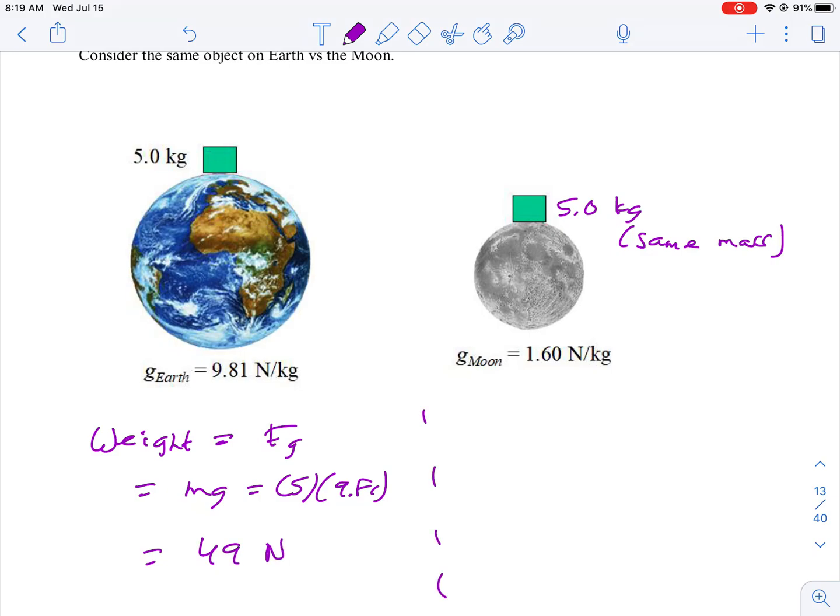As opposed to when you're on the moon, Fg would be equal to, in this case, the same mass, but a much smaller gravity. It's only a gravity of 1.6. And that comes out to be about 8 newtons. And you can see that it's a lot lighter on the moon, which shouldn't surprise you at all. So, same mass, but different weights, because weight is a force of gravity.